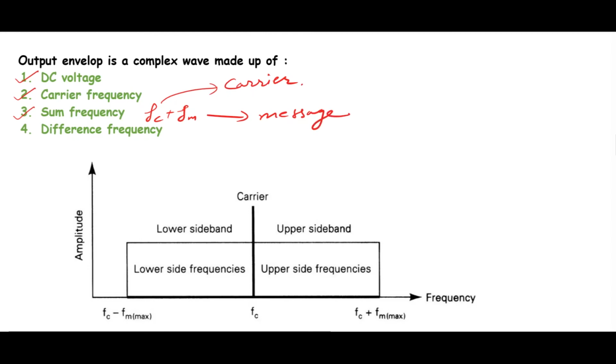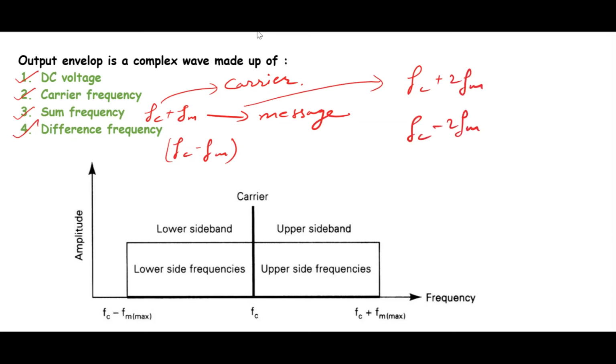Likewise, we can have the difference frequency, Fc minus Fm, and obviously we can have harmonics of these: Fc plus twice Fm, Fc minus twice Fm, and likewise Fc plus thrice Fm, Fc minus thrice Fm. But we are mainly interested in the carrier frequency and these two shifts.